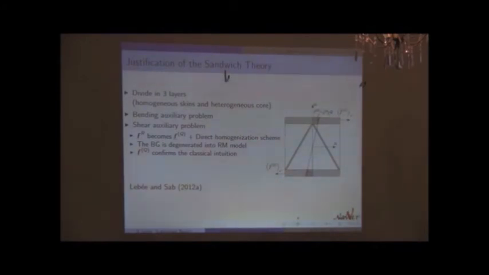Namely, this shear auxiliary problem is a function only of the shear force and not all components of the bending gradient. You can show that. That's the first result. It's nice because Reissner-Mindlin plate theory is easier. It's in every code, so you don't have to implement specific finite elements.